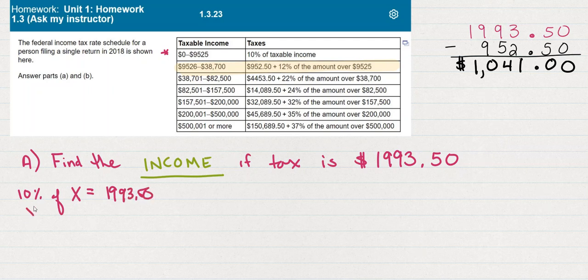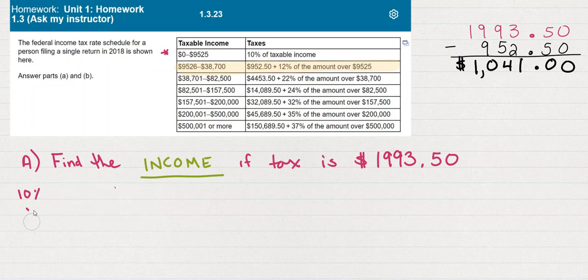That would be $19,935. So we see that that 19,000 is higher than the $9,000. So I know that I'm going to need the second bracket. So the second row. That's how I know to move to that second row.